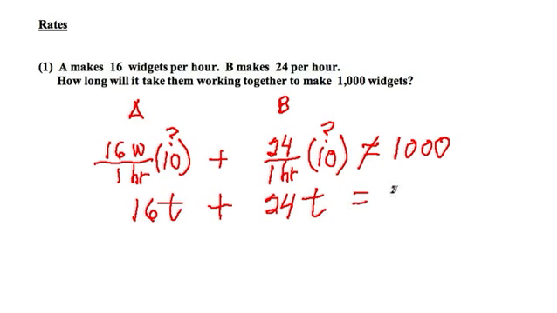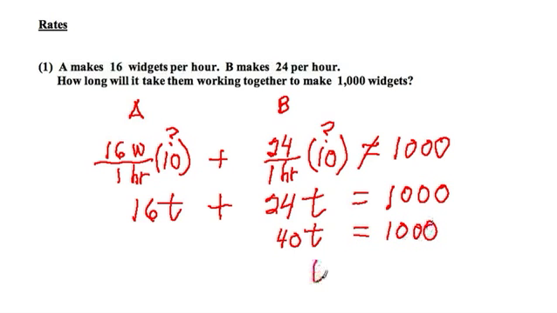T has to be such that that is equal to 1,000 in a true equation. So now we do the algebra. That gives us 40t is equal to 1,000, and divide by 40. We get the time is equal to 25 hours.